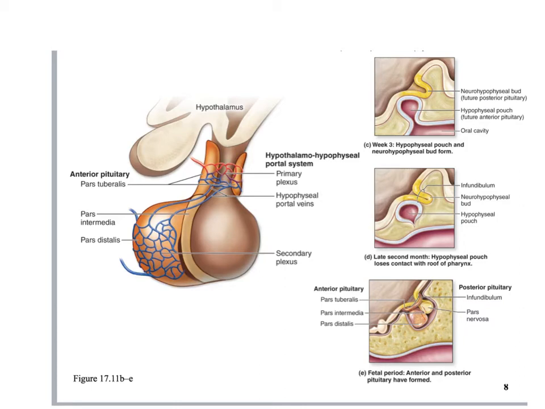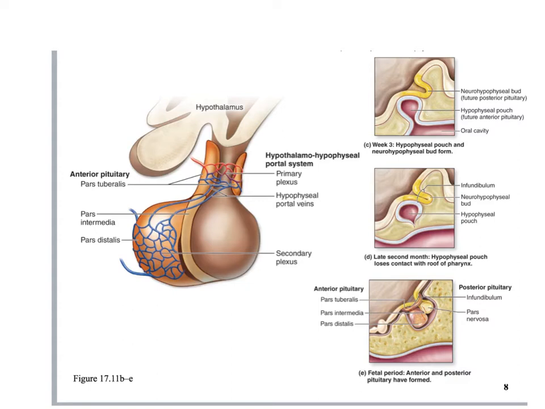What you see here in red signifies arterial or oxygenated blood, and then it goes into blue, which is venous blood. So this is what we call a portal system. A portal system means that it doesn't follow the normal artery, arteriole, capillary, venule, vein track. It doesn't necessarily follow that normal track.